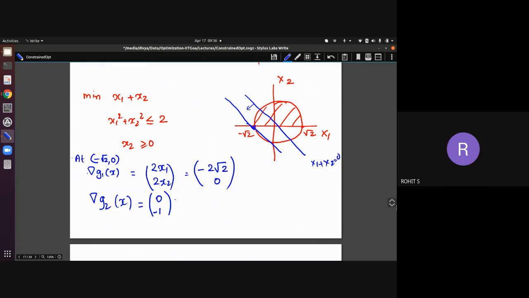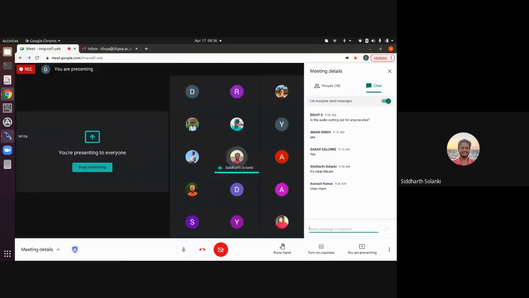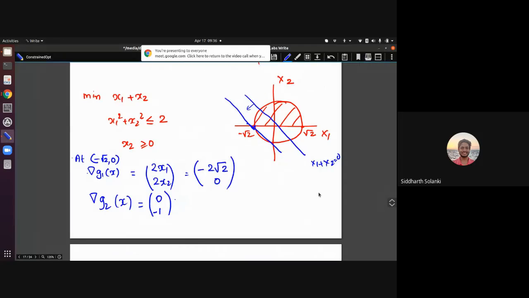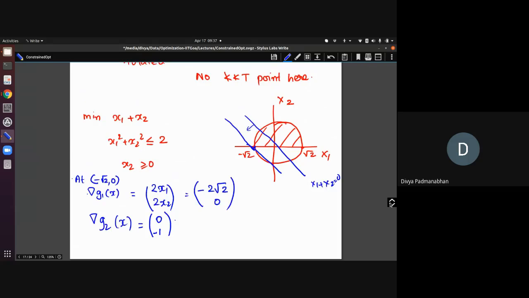So checking for regularity was necessary in this case to verify whether it was an optimum? In this case, checking for regularity is only needed to ensure that you will have a KKT point. I just wanted to illustrate what it means to check for regularity here.